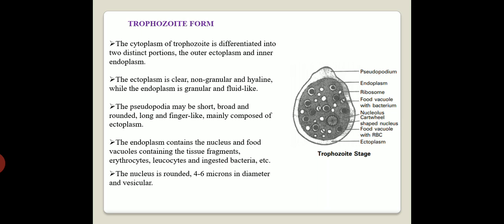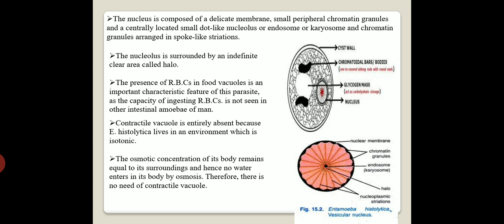The nucleus is rounded, 4 to 6 microns in diameter, and is vesicular. The nucleus of the trophozoite is composed of a delicate membrane, small peripheral chromatin granules and a centrally located small dot-like nucleolus, or endosome or karyosome, and chromatin granules arranged in spoke-like striations.